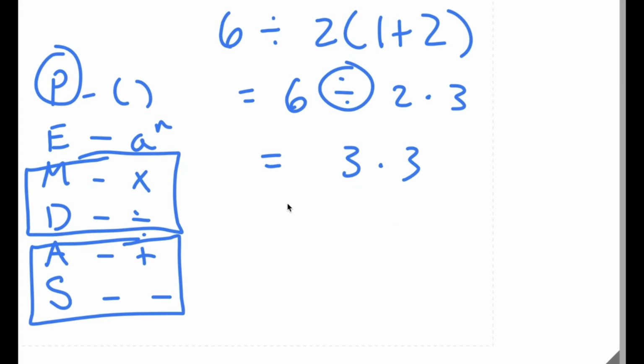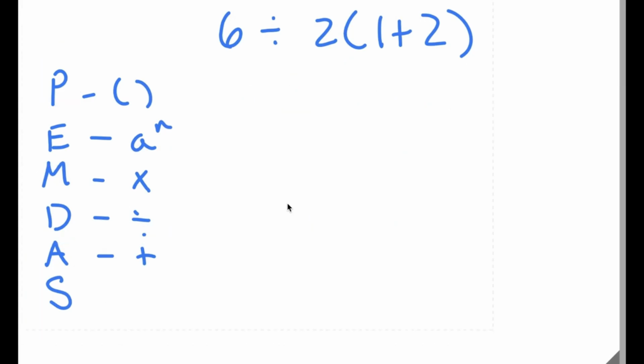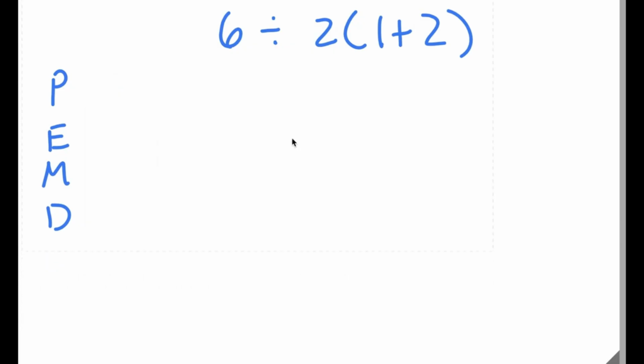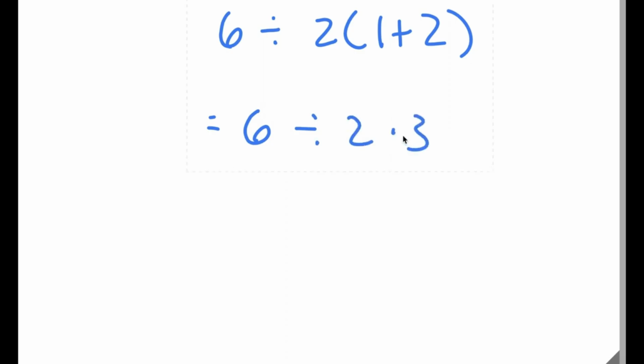Now, what people used to do to get the wrong answer, this was actually during the 1900s, is they would start by adding 1 plus 2 in the parentheses, so this would be equal to 6 divided by 2 times 3. But now, instead of doing 6 divided by 2, they would do 6 over 2 times 3.